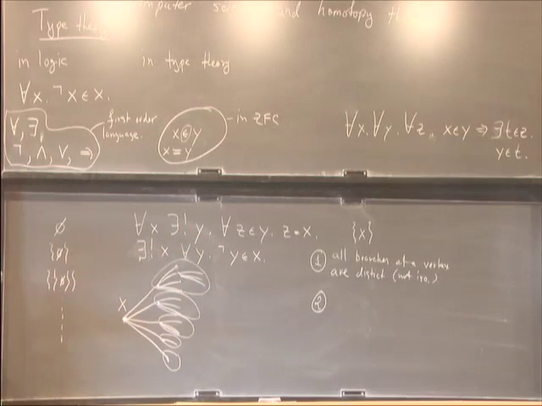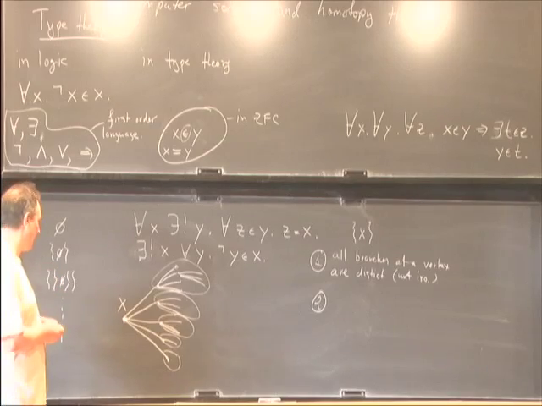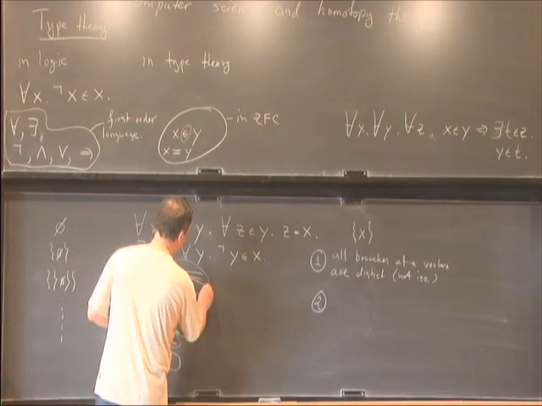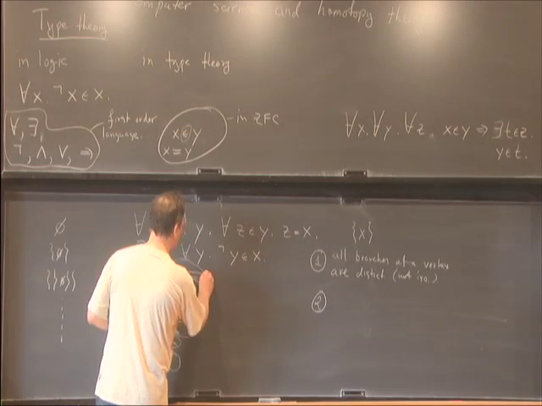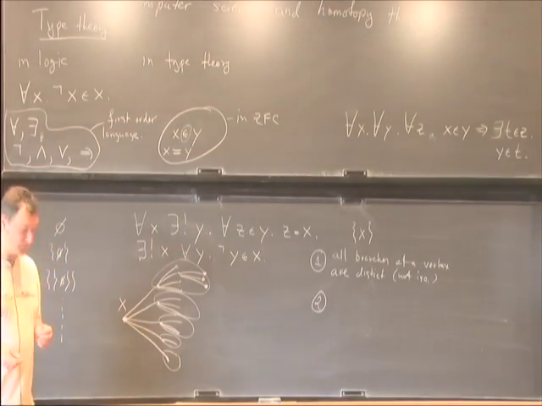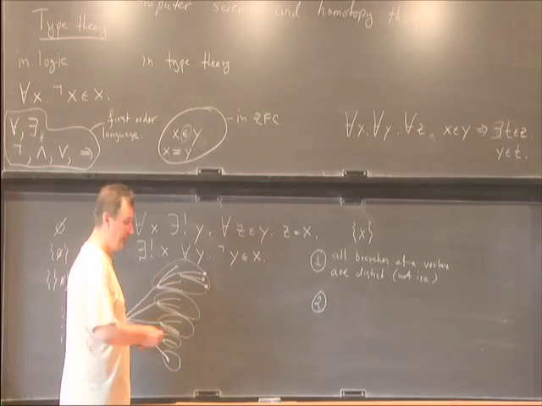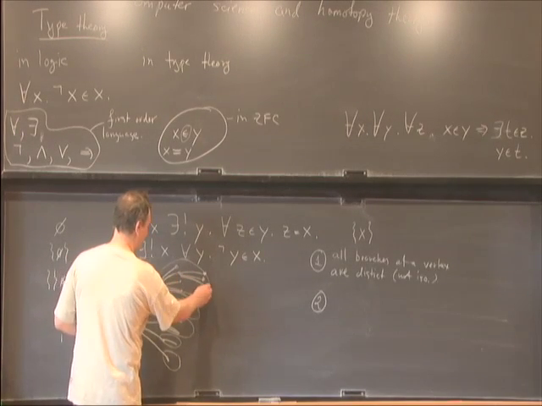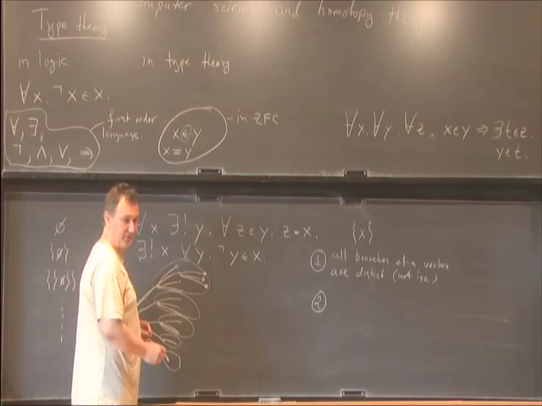And the second property is that everything has to be built up in a finite number of steps from the empty set. And that relates to the fact that if I take any of the leaves of the tree, then the number of steps to go from the leaf to the root is finite.